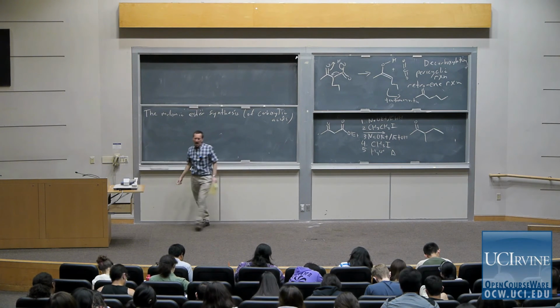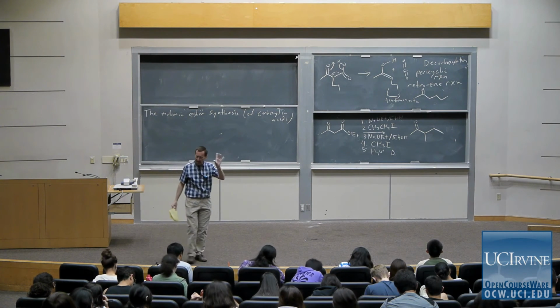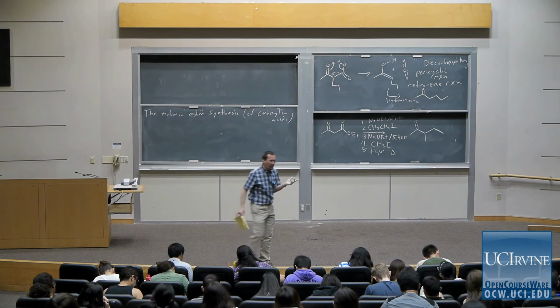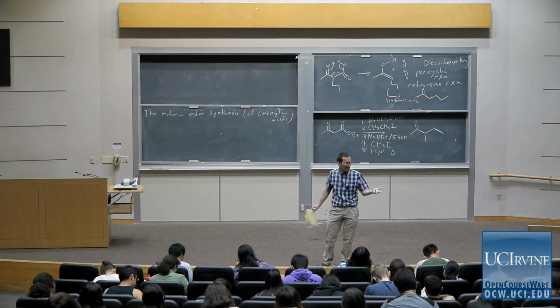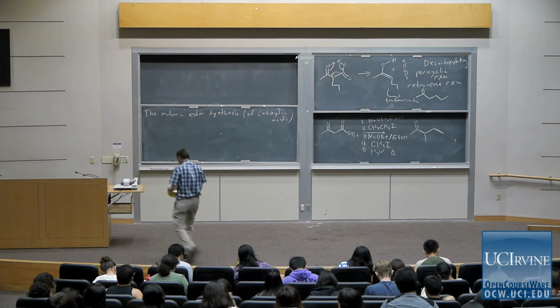I already showed you diethyl malonate. That was the one with the 2 carboxylic acids, the 1,3-diacid. Again, the old nickname for it is malonic ester because it's the diethyl ester of malonic acid. And we already said, well, ethyl is sort of the default.